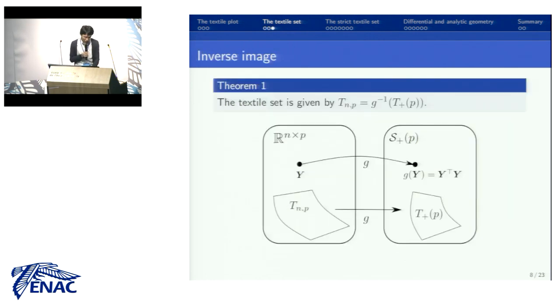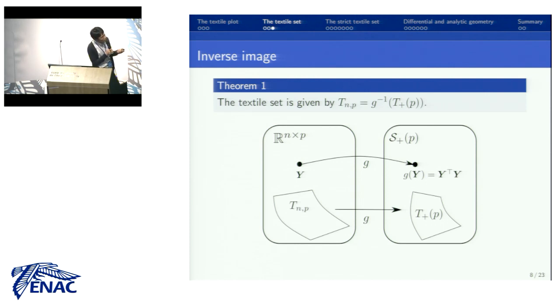So the first theorem is that the textile set is given by the inverse image of T_p^+ with respect to the function G, which outputs the Gram matrix. The following picture shows the relation of these objects.